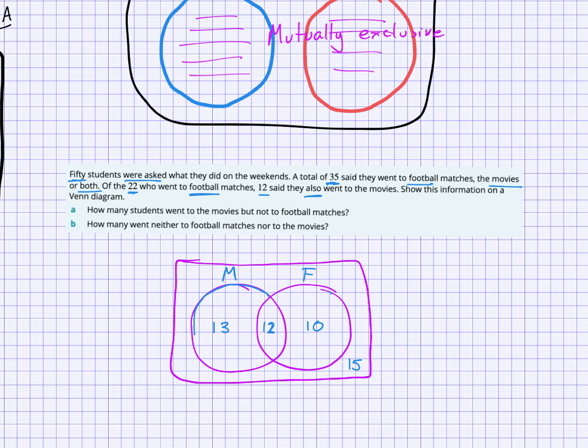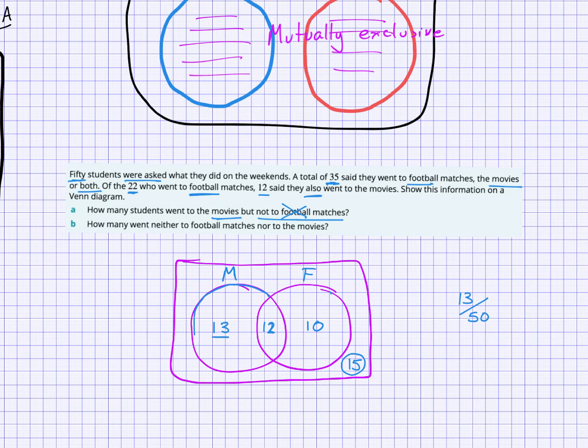Okay, so there's the information being shown on a Venn diagram. It says questions are, how many students went to the movies but not to football matches? So that would be my 13. All right, and I'd say 13 out of 50. How many went neither to football nor to the movies?